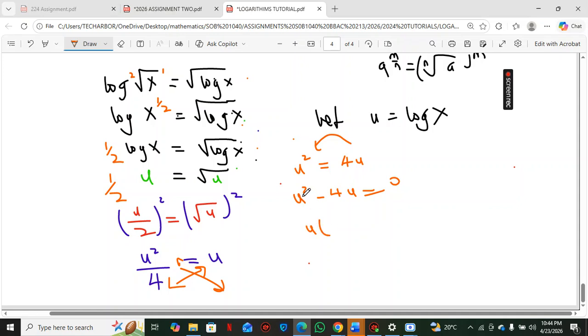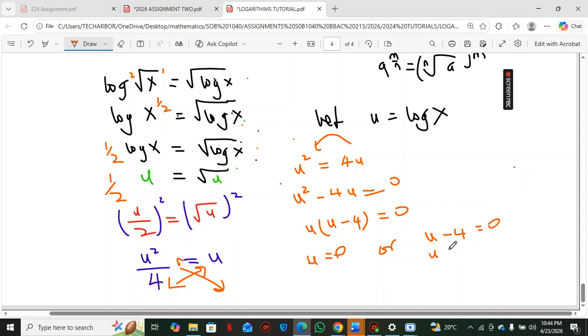So u squared divided by u gives u, minus 4u divided by u gives 4. Then you say u equals 0, or u minus 4 equals 0.